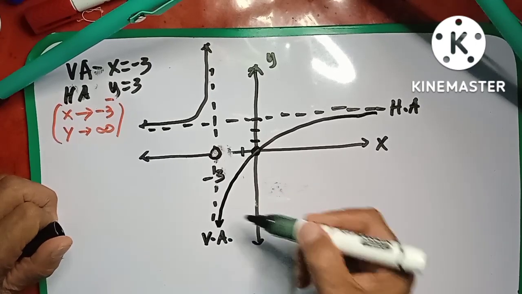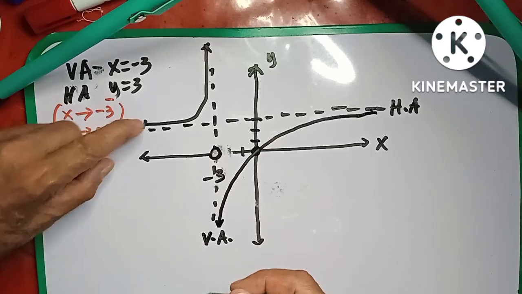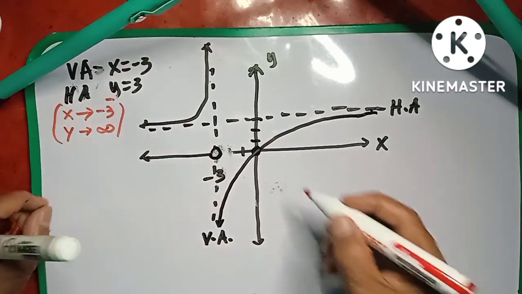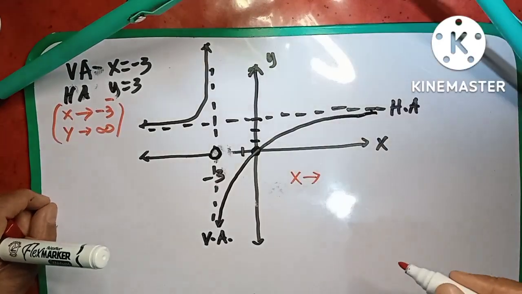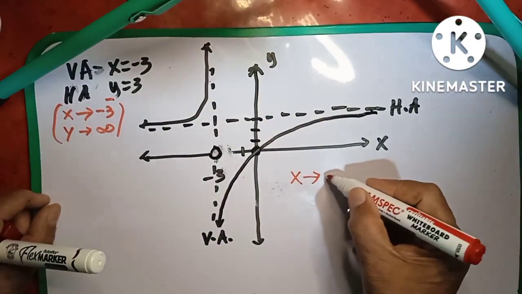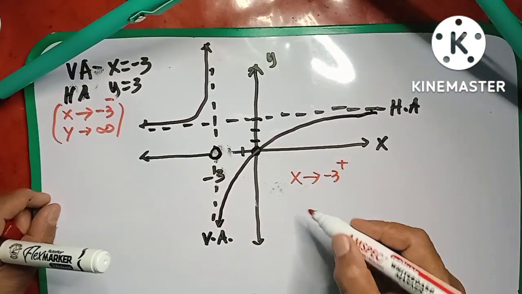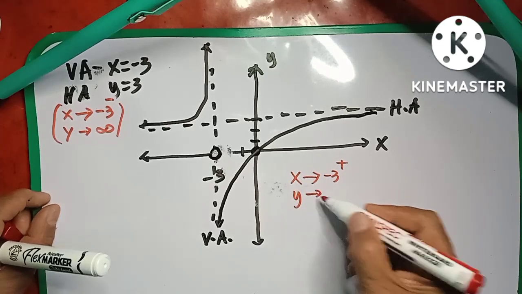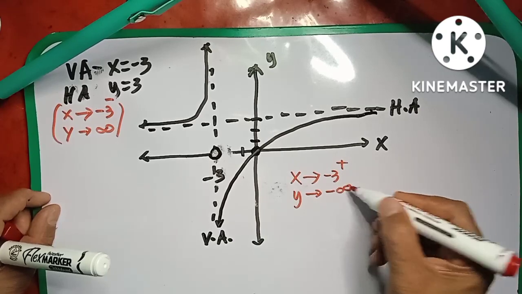So the behavior of the graph is that as x approaches negative 3 from the right, y decreases without bound.